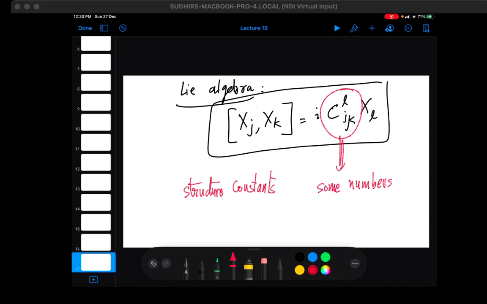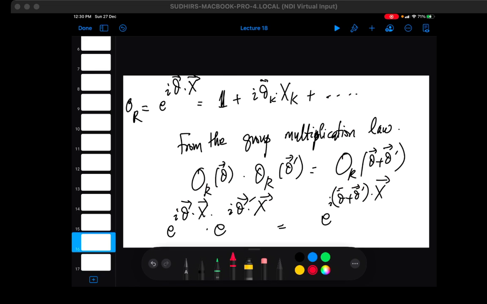So the point is that suppose you have a Lie group, and I'll tell you what a Lie group is essentially in a second. If you have a continuous group like a rotation group, or similarly SU(2) or something, and you express it in terms of these exponentials, as we have been saying, it can always be expressed in terms of exponentials.